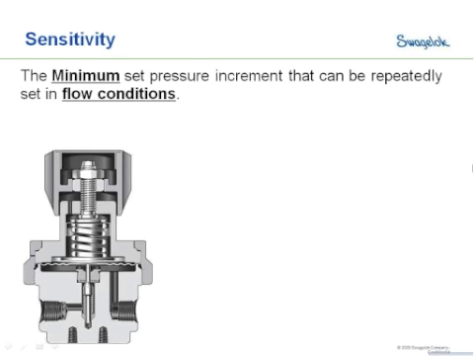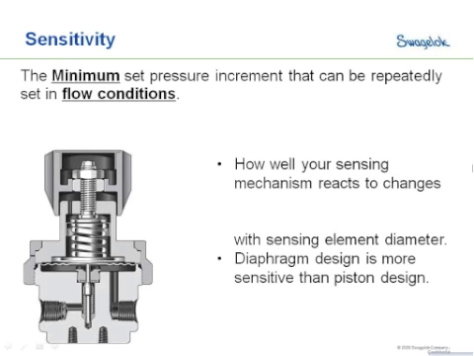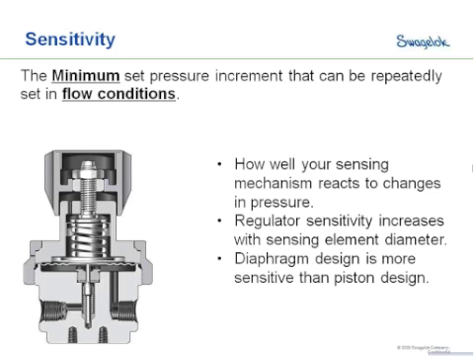When we talk about sensitivity, it's good to take a step back and define what sensitivity is. Sensitivity is the minimum set pressure increment that can be repeatedly set in flow conditions. What this translates to is how well your sensing mechanism reacts to changes in pressure inside the regulator.